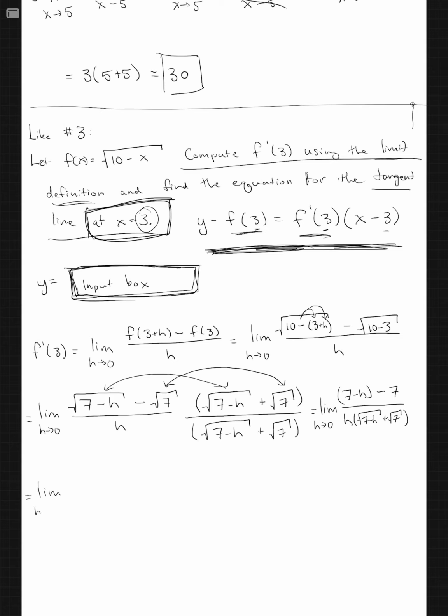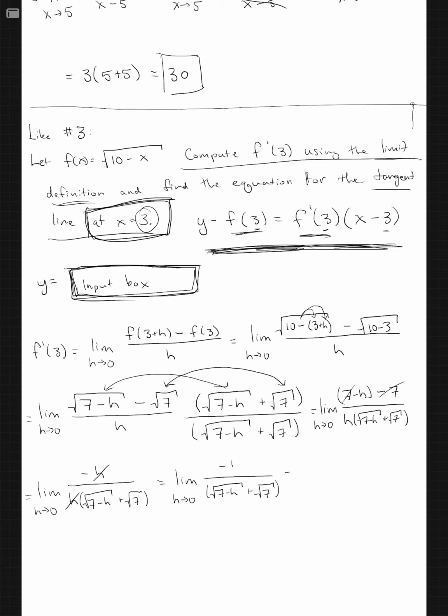So we get the limit as h goes to 0. 7 minus 7 cancels each other out. Make sure it looks like a minus there. That one's a plus, though. And now, this h that's a factor of the bottom and this h that's a factor of the top can cancel out. And we get negative 1 up top over the square root of 7 minus h plus the square root of 7.